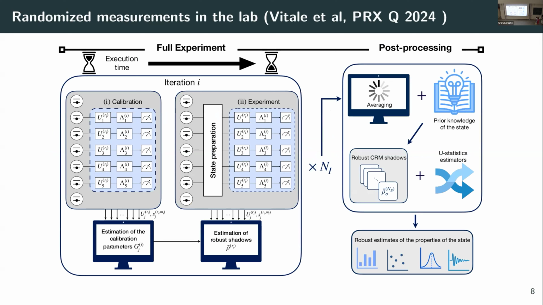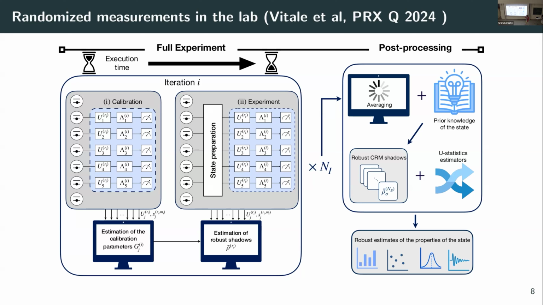And it's instructive to divide what happens here in two steps. We have first data acquisition. So this is really the experimental work in the quantum experiment. You have first one step of calibration on a state which is well defined.